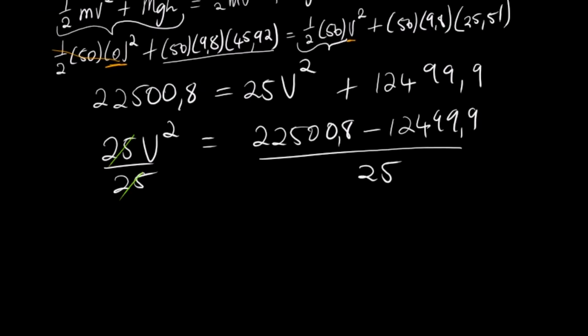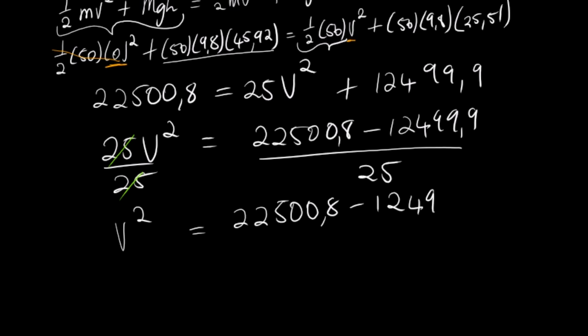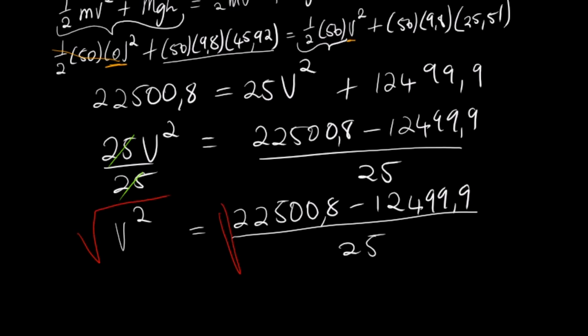So this will result in 1 multiplied by v squared, which is v squared, equal to 22500 minus 12499.9, all over 25. We simply square root both sides.